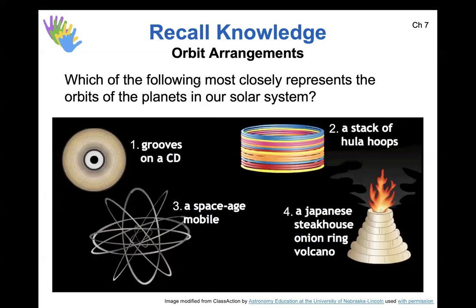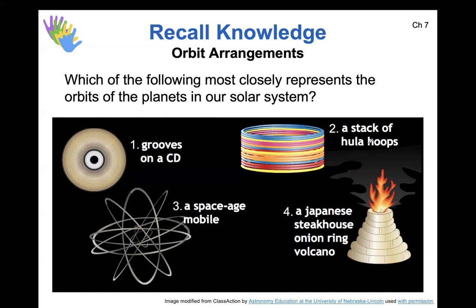So I have another question for you. And this one I think you will find kind of interesting. Thinking about orbits and the solar system as a whole, which of the following pictures most closely represents the orbits of the planets in our solar system? Like if I were to build a model of the solar system, would it look more like grooves on a CD?